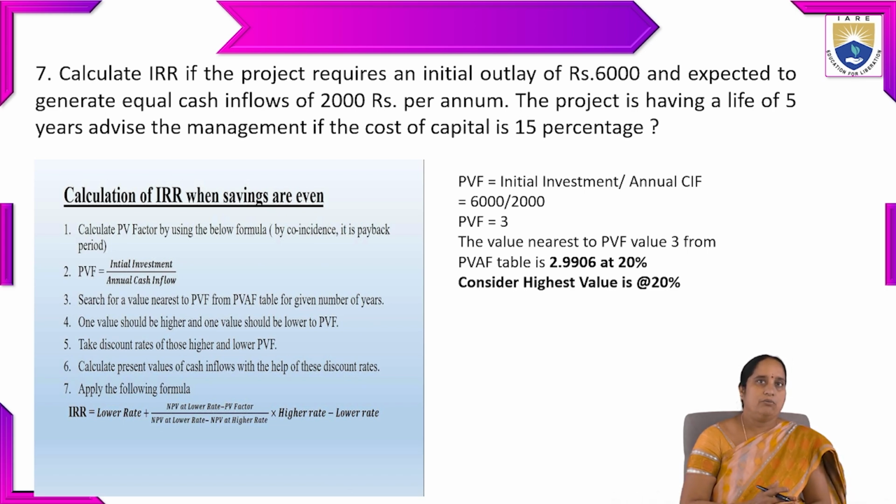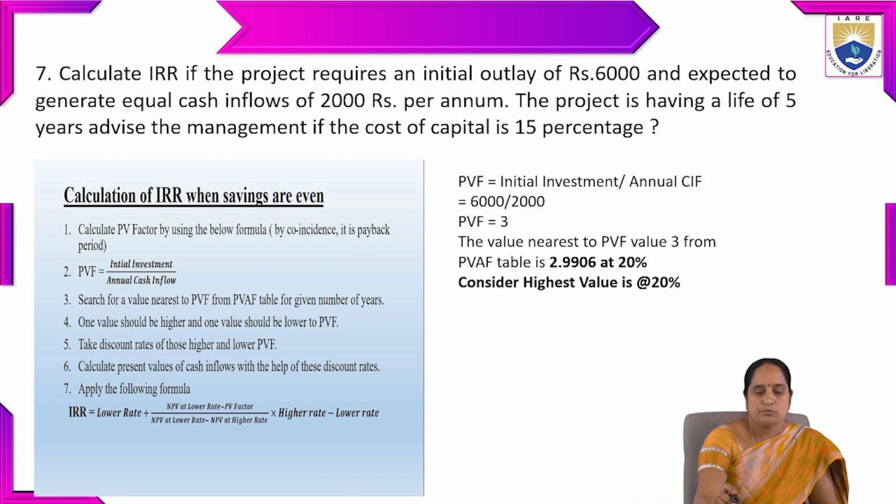So calculate IRR if the project requires an initial outlay of 6,000 and is expected to generate equal cash inflows of 2,000 per annum. The project has a life of 5 years. Advise the management if the cost of capital is 15%. So here we should go with PV factor by using the formula: initial investment by annual cash inflows.